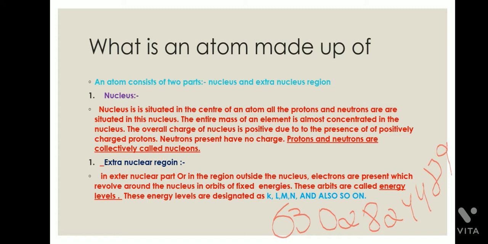So the nucleus is the central part of the atom, and in this nucleus protons and neutrons are present. The entire mass of the element is concentrated in this nucleus, and the overall charge of the nucleus is positive because of the positively charged protons.